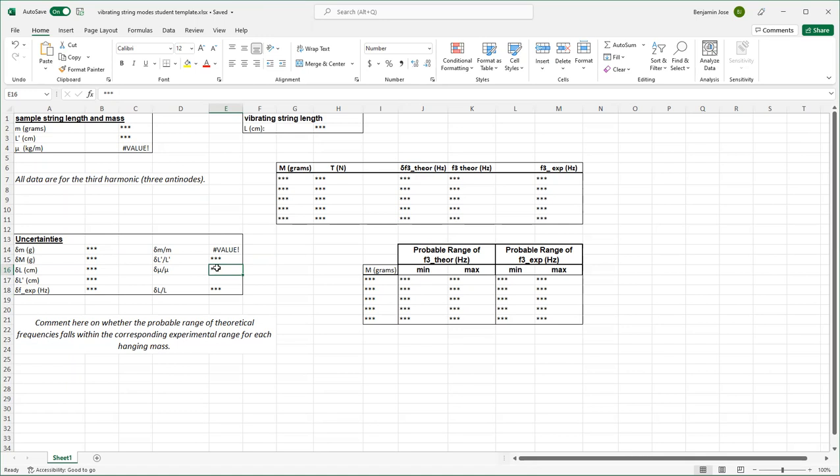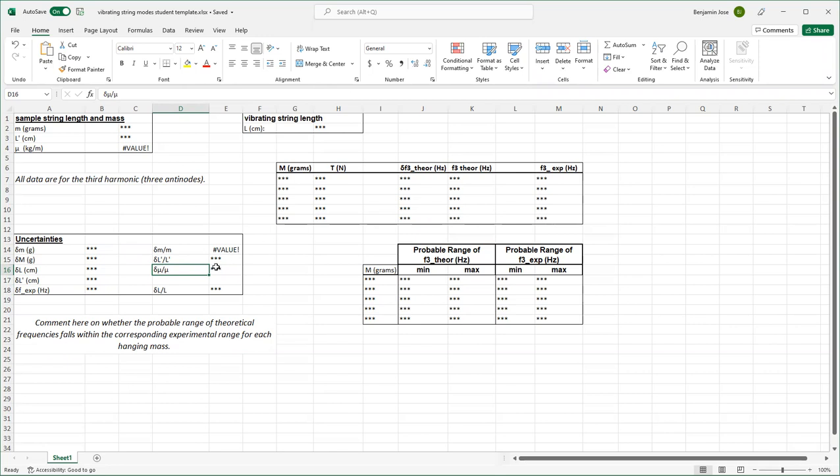This one requires the use of that formula for propagated uncertainty that I talked about briefly in class, and it's also in the other video that's linked here in assignments. Because the mass of the sample string and the length of the sample string are both uncertain, those uncertainties propagate and cause an uncertainty in the mass density. That's important because we use the mass density over here to calculate the theoretical standing wave frequencies.